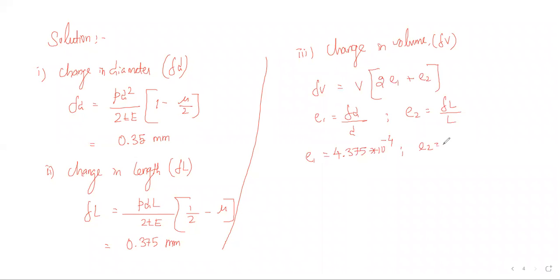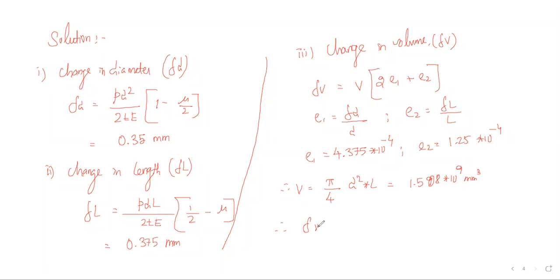And E2 is equal to 0.375 divided by 3000, so 1.25 into 10 to the power minus 4. And V, total volume, is pi by 4 d squared into L. So pi by 4 into 800 squared multiplied with L, 3000 mm, so it becomes 1.508 into 10 to the power 9 mm cube.